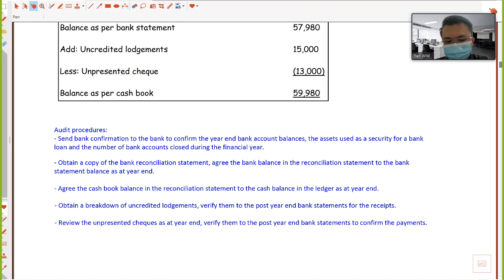Yeah, you also can say that obtain a breakdown of unpresented check, then verify them to the bank statement after year end. Also can. So long as it brings out the same meaning, then definitely can score mark.